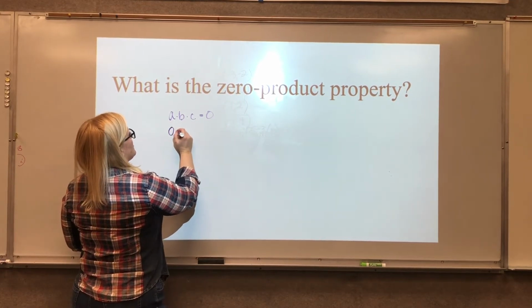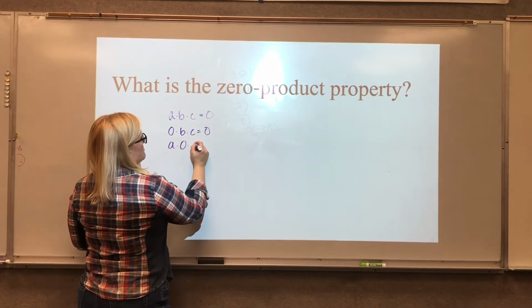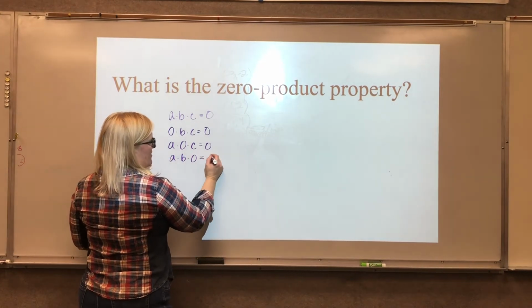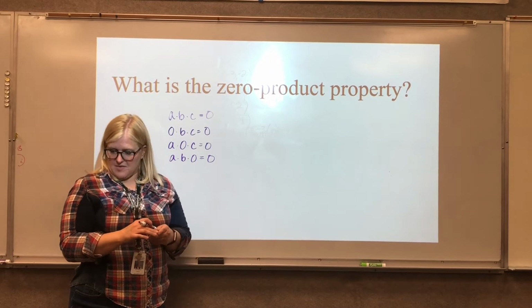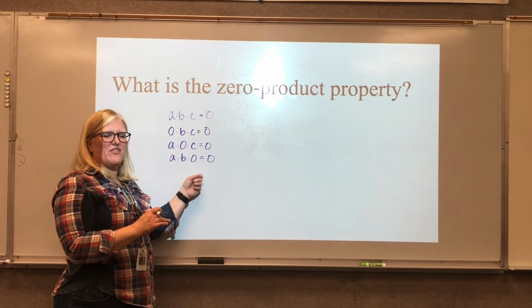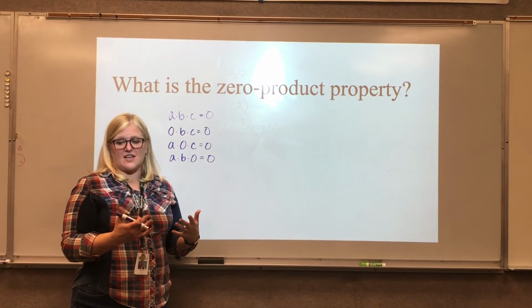So this could be 0. B could be 0. C could be 0. And then I could have, maybe A and B are 0. But if it equals 0, then at least one of the factors has to be 0.